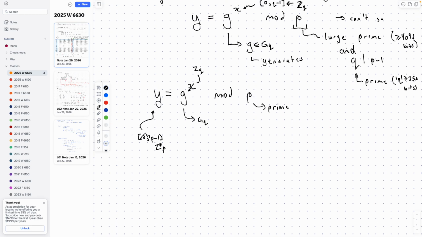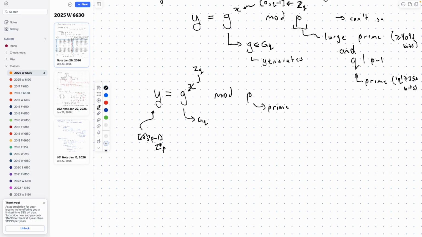What's exponentiation? Exponentiation is just multiplying by yourself x times. So if g's in GQ, is g times g going to be in GQ? Yes, because I have two elements of GQ multiplying together. I can't leave GQ. Is g times g times g times g going to be in GQ?